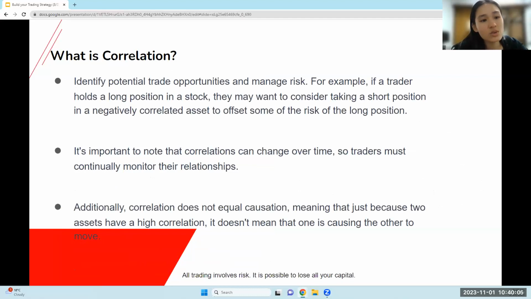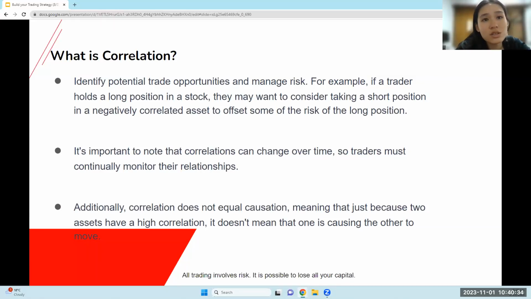Okay, so what exactly is it in the context of Forex and trading? So traders will use correlation analysis to identify potential trade opportunities and manage risk. So if a trader holds a long position in a Forex currency, they may want to consider taking a short position in a negatively correlated currency to offset some of the risk of the long position.